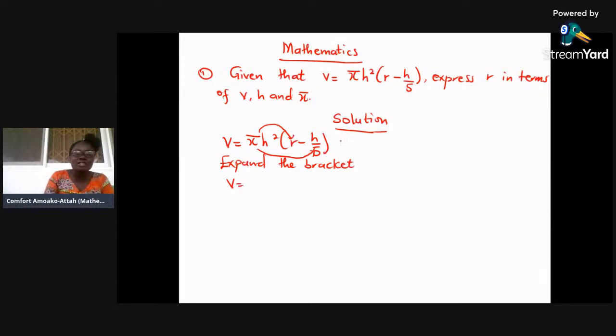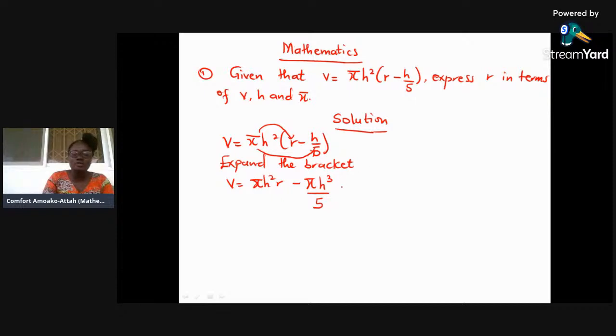Okay, so with this we will get pi h squared r minus pi h squared times h, which gives us h cubed over 5. Then when you have something like this, what do we do again? We have a fraction. So for us to solve our question easily, we need to clear the fraction.